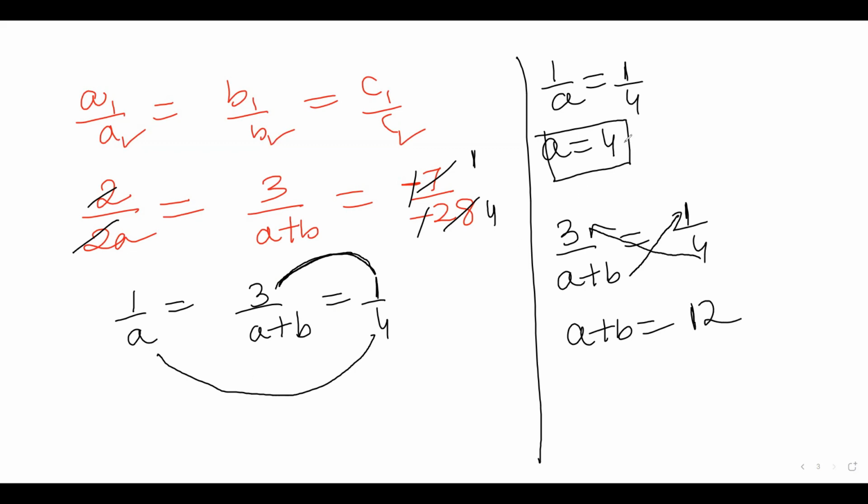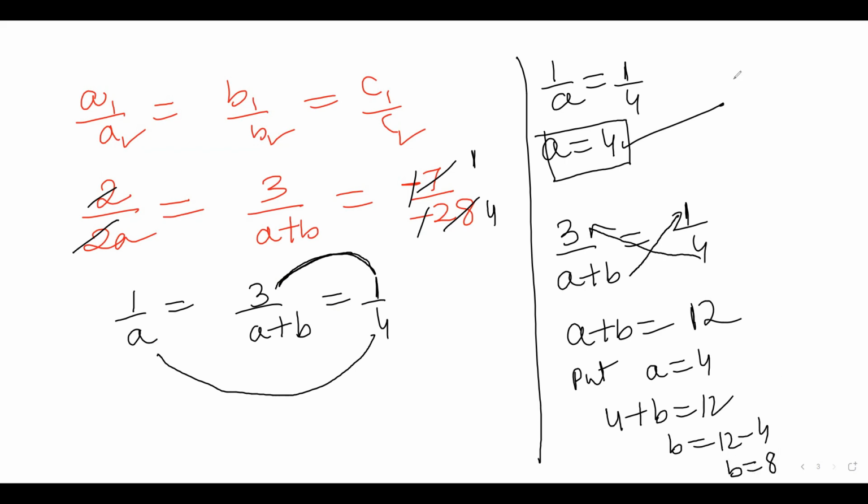I already got A value. Substitute A is equal to 4. You will get 4 plus B is equal to 12. B is equal to 12 minus 4. B is equal to 8. So the final answer is A is equal to 4, B is equal to 8. That's it.